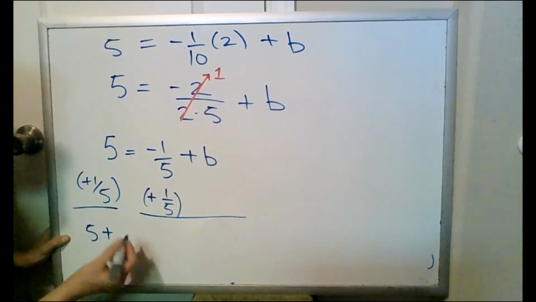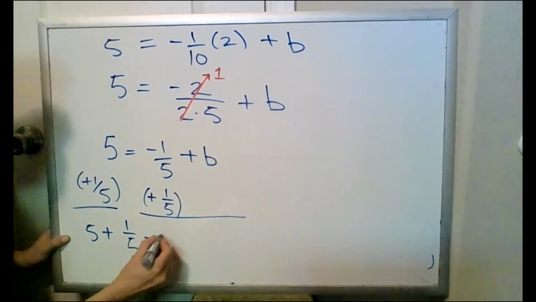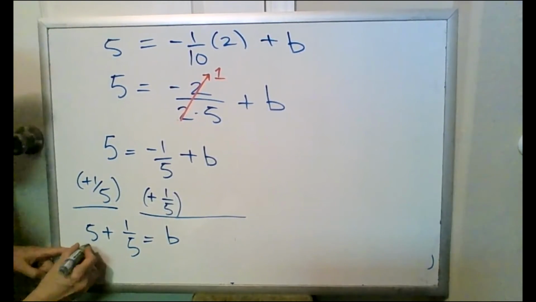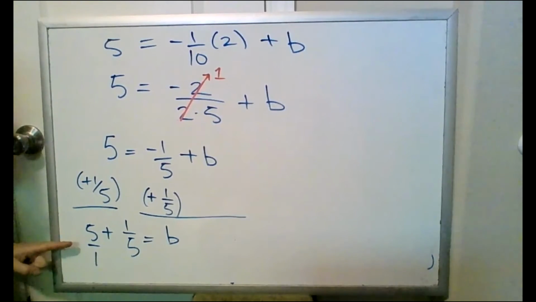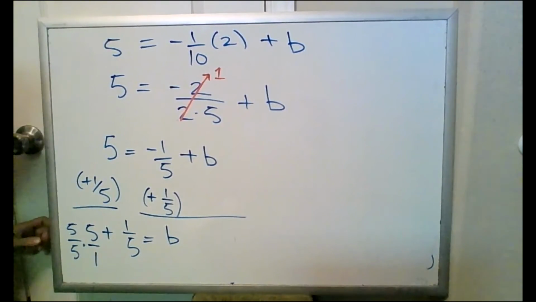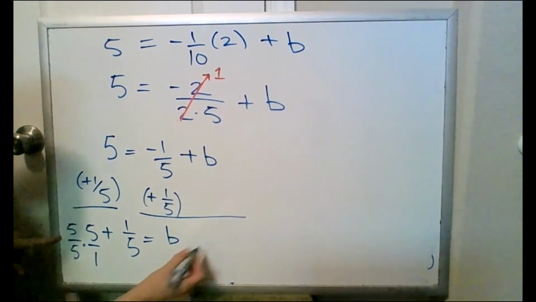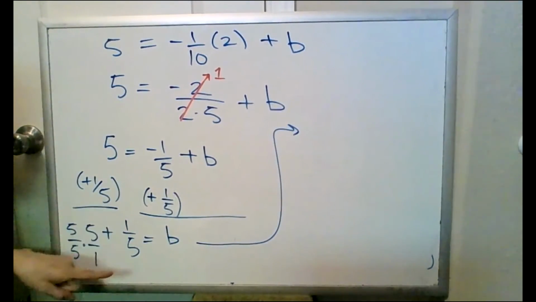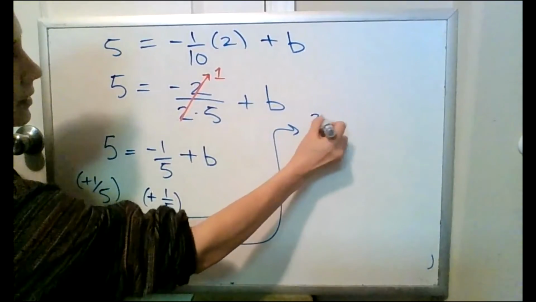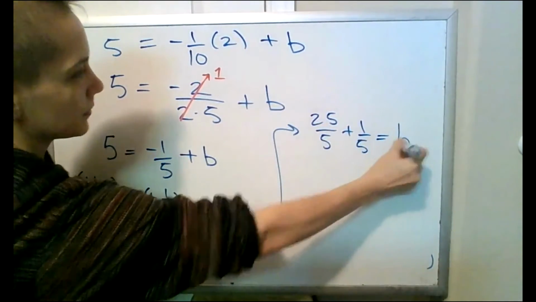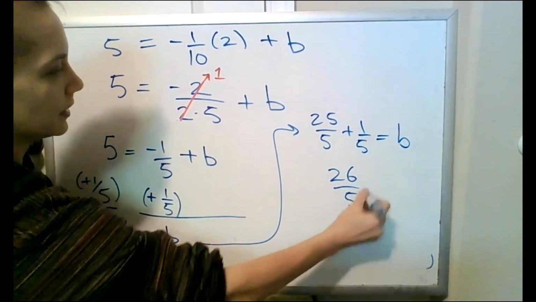But I need a common denominator. So I'm going to take 5, put it over 1, and then multiply 5 over 1 by 5 over 5. 25/5 plus 1/5 is equal to b. 26 over 5 equals b.